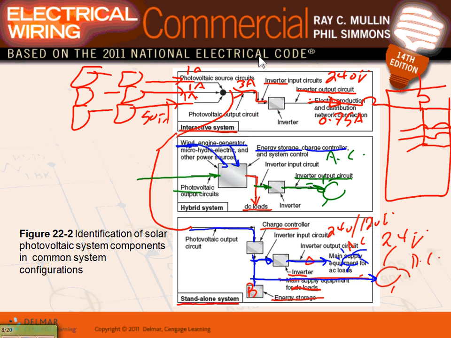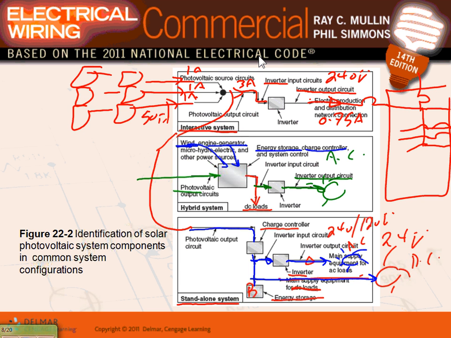I don't know about this 3,000, but if it's the right voltage, then yes, you can tie it to this side. If it's the right voltage on the DC side and the right AC on the AC side of the inverter, then you can use it.